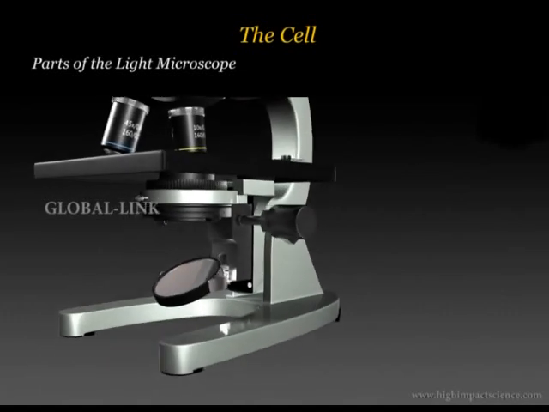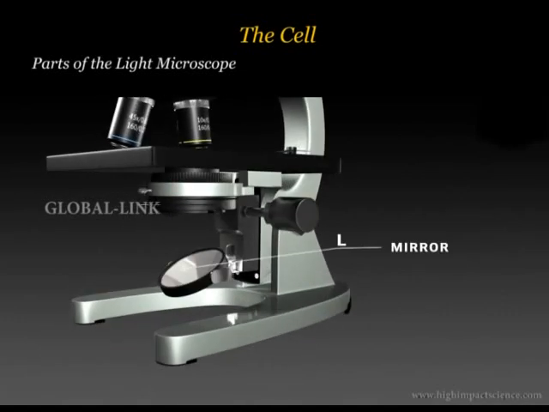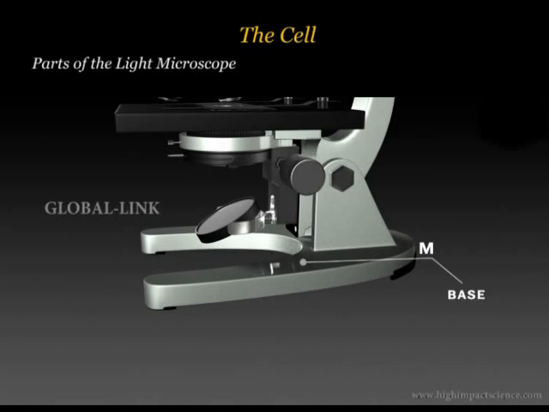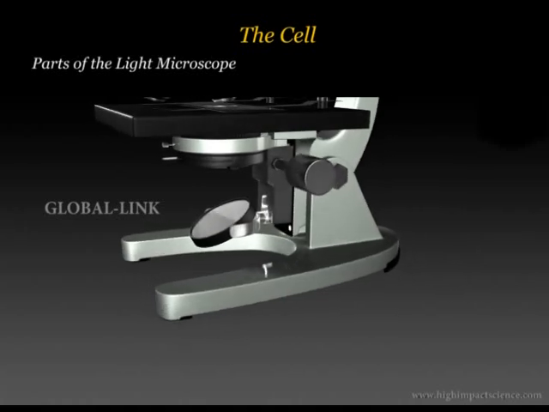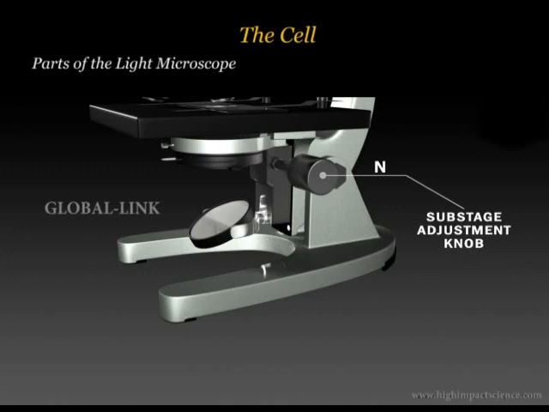The mirror, located beneath the stage diaphragm, reflects light through the condenser to illuminate the specimen. The base of the microscope is the heavy bottom part that provides firm and steady support. The substage adjustment knob is used to move the condenser up and down.